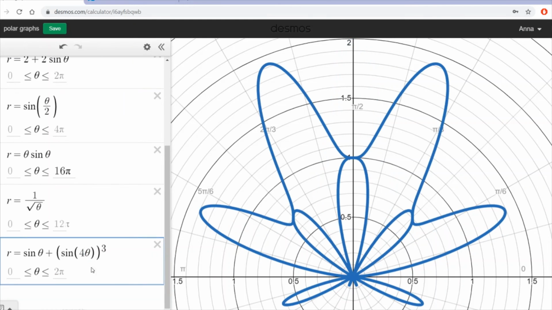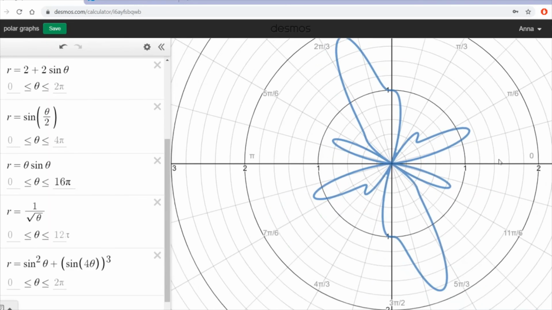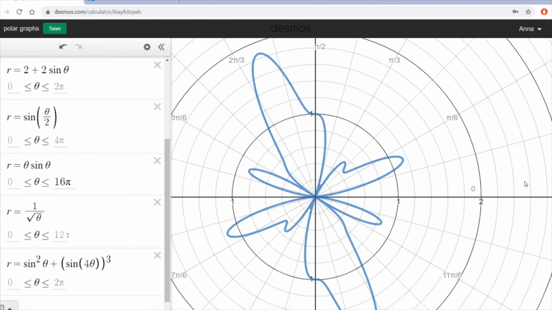If I change this to 4 theta, there's just a lot of different things that you can play around with to see how they affect the graph. So I think it's personally an interesting thing to do, to just type in some random equation relating r and theta in different ways and see what shape that ends up giving you.